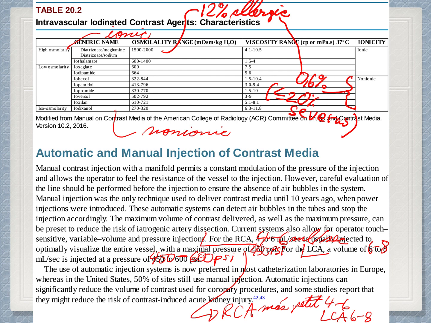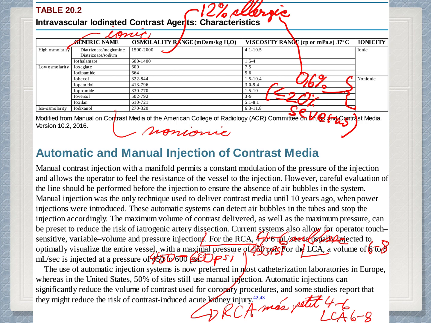And the low osmolality or non-ionic and isoosmolarity will generate fewer reactions, 0.6%, with less than or equal to 20% being severe reactions. Then important points here is to remember that you should better choose non-ionic isoosmolar. And if there is no isoosmolar, choose non-ionic low osmolarity. If not, you're subject to a high adverse reaction rate.